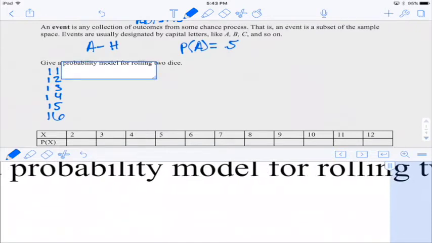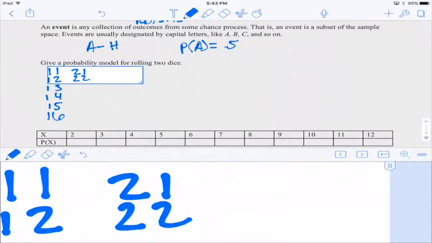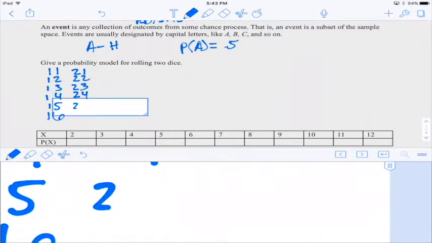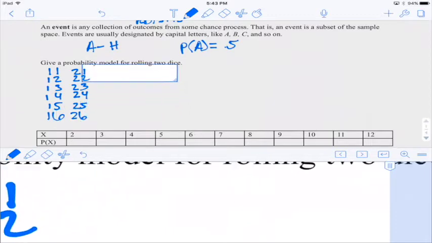Then if I roll a 2 with my first die, then I can roll a 1 with the second one. I could roll a 2 with the second one, 2 and 3, 2 and 4, 2 and 5, 2 and 6. And I'm going to continue to list these out.